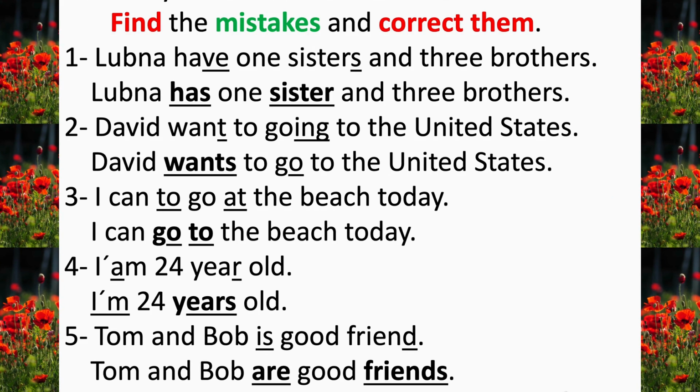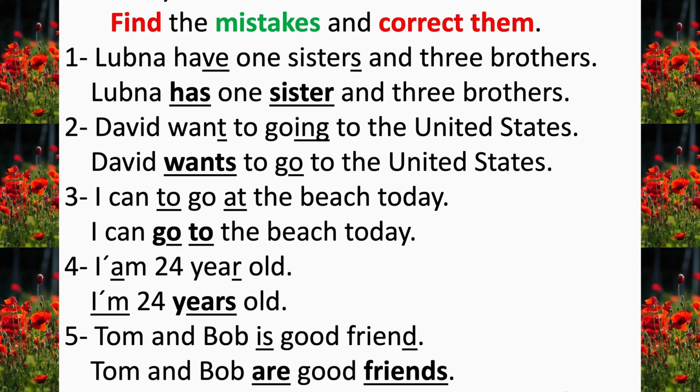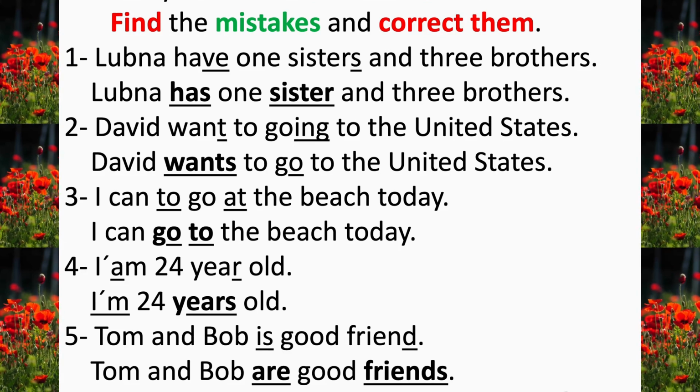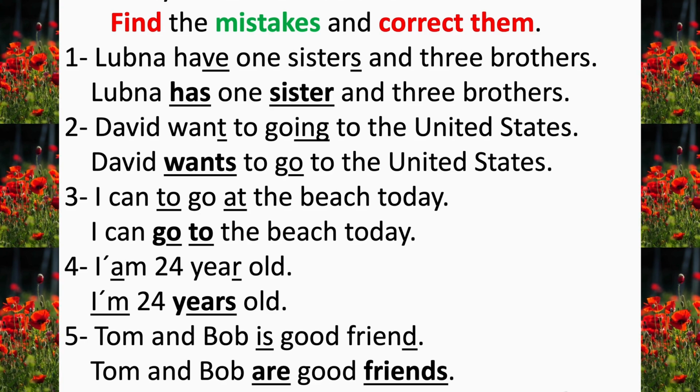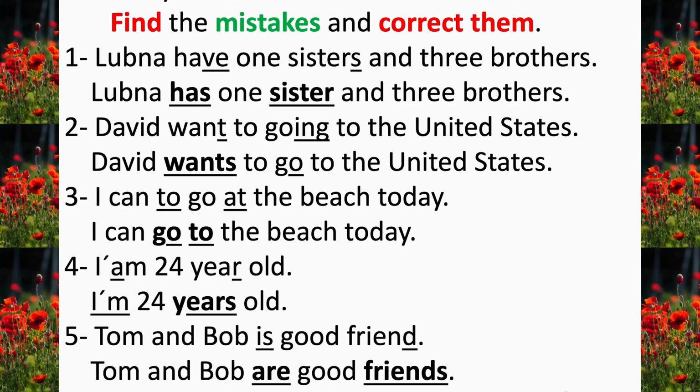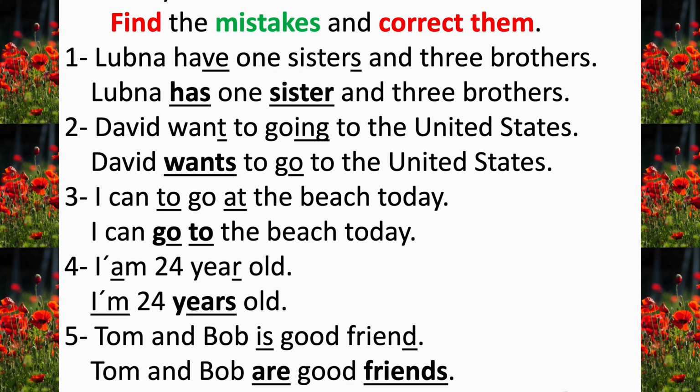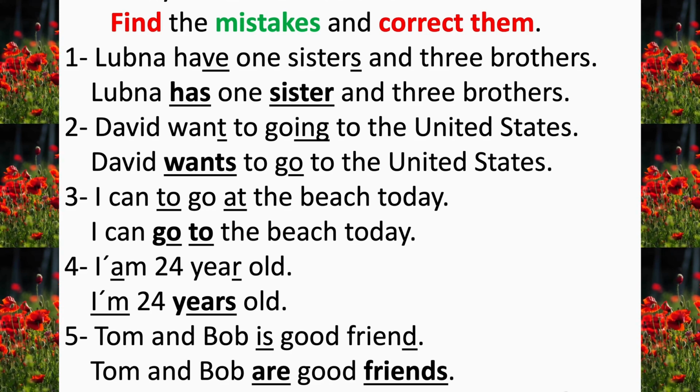When we say Lubna, we don't say have, we say has, because she has. I have, you have, he has, she has, it has. Lubna means she, a girl or a woman. So, Lubna has 1 sister and 3 brothers. So the 2 mistakes are have and sisters.